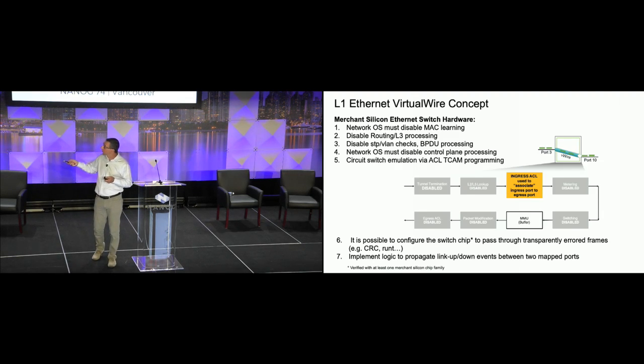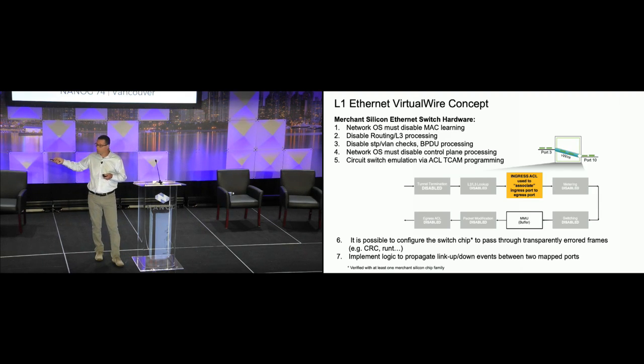So what we do in the software, we need to disable, number 1, MAC learning. Second, you want to disable any layer 3 routing and switching BPDU kind of processing. On top of it, you need to prevent the CPU of your switch from receiving any packet from the network. So the entire control plane processing needs to be turned off.